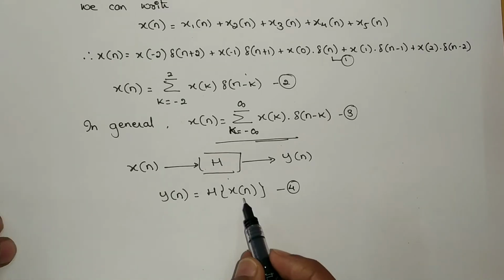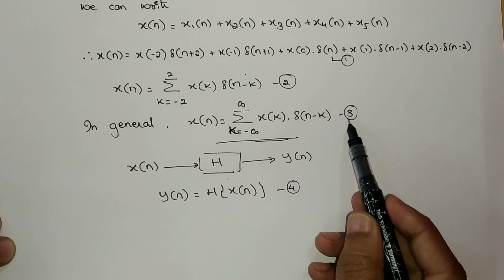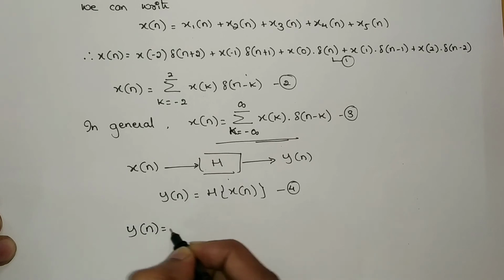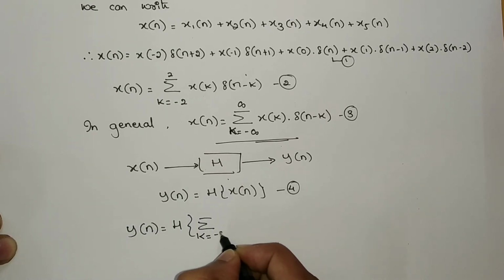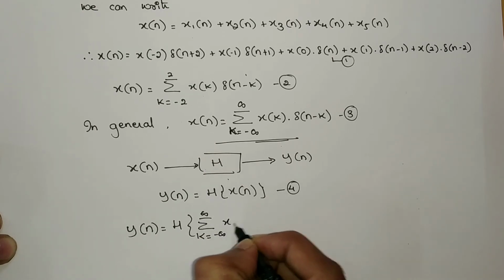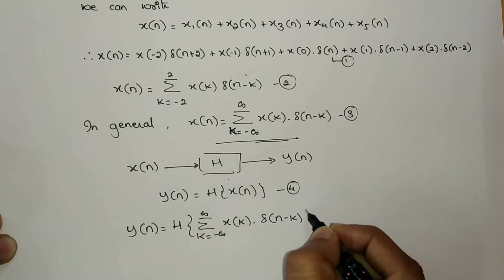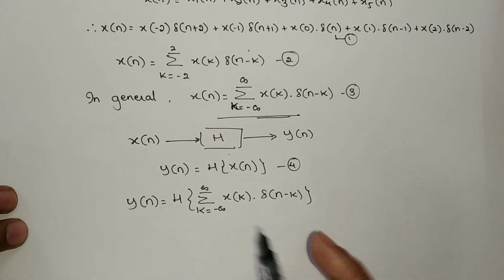Now substituting the value of x of n from equation number 3, substituting equation 3 in equation 4, we will get y of n is equal to h of summation of k is equal to minus infinity to plus infinity x of k into delta of n minus k. Okay, but the operator h is operated for n, not for k, right?